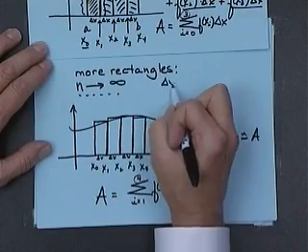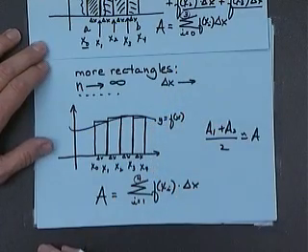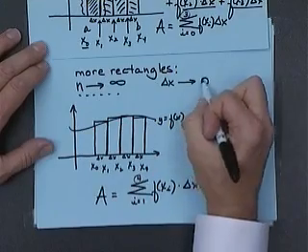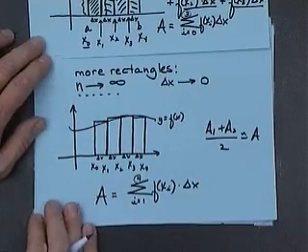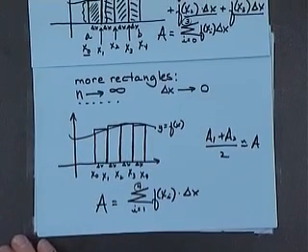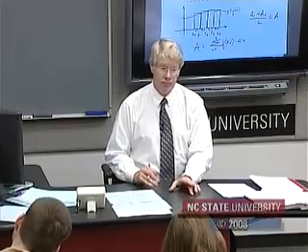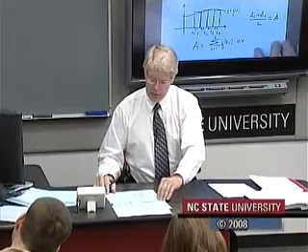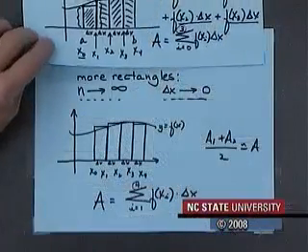And what happens to delta x? It gets smaller and smaller to the point where it's practically 0. And when we get to that place where we have an infinite number of rectangles and they're so skinny that each one is practically 0 in width, we're going to get the exact value for the area under the curve. So these are the things that eventually we want to happen.